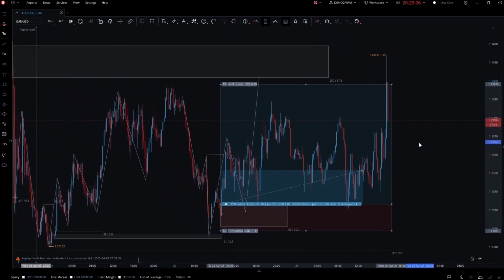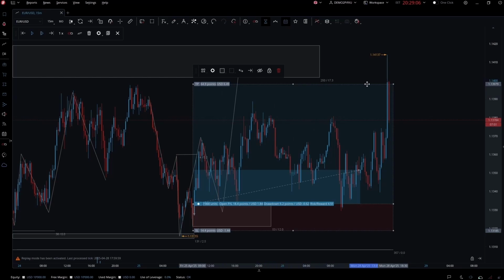So yes, you can see that we've been able to take that high out. So you can choose to exit from this zone, which is the inefficient supply zone, where price filled the fair value gap, which is the imbalance there, and tapped the supply zone. And you can see that after tapping the supply zone, the market started coming down.